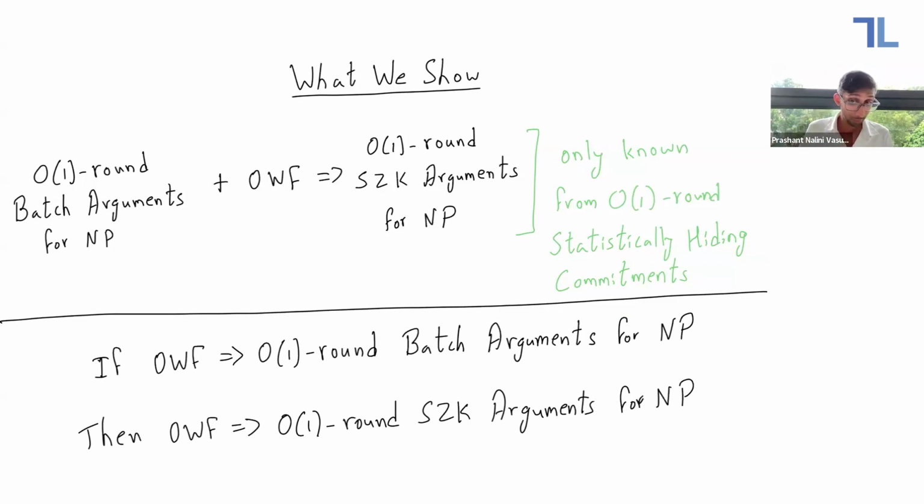Which is something we don't know how to do so far. So it'll be interesting either way. If you can show, for example, that you cannot get SZK arguments from one-way functions, then that would also imply you cannot get batch arguments from one-way functions. But if you are able to construct these batch arguments from one-way functions, then that will also be very interesting, because you'll have a new construction of these SZK arguments that we have not been able to improve on for a while.